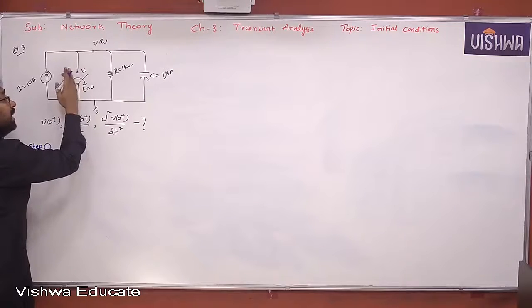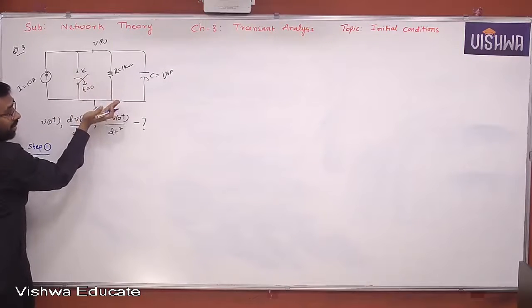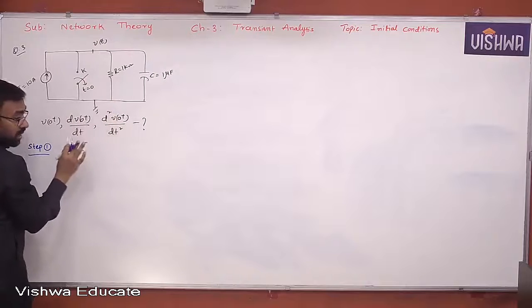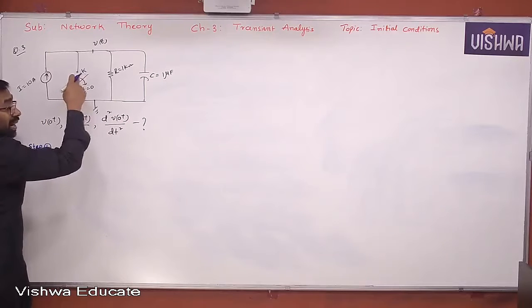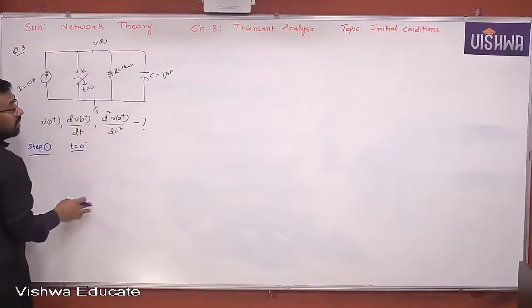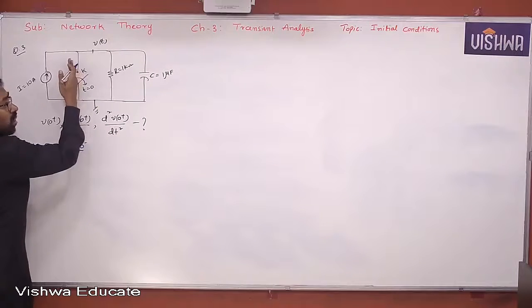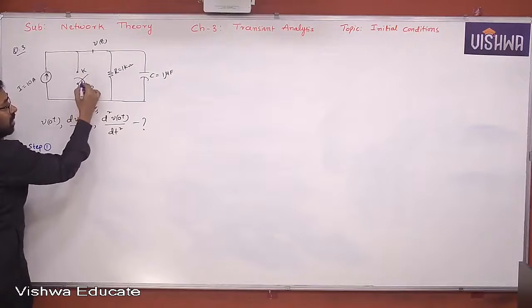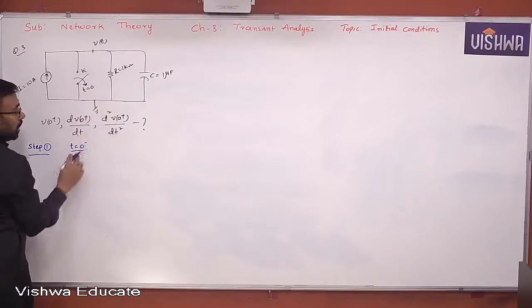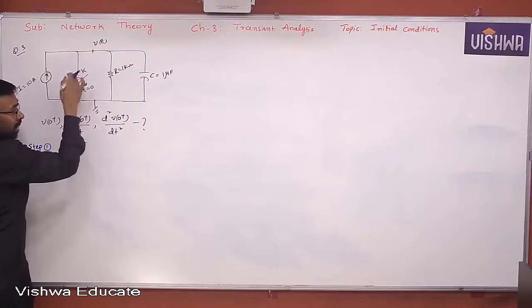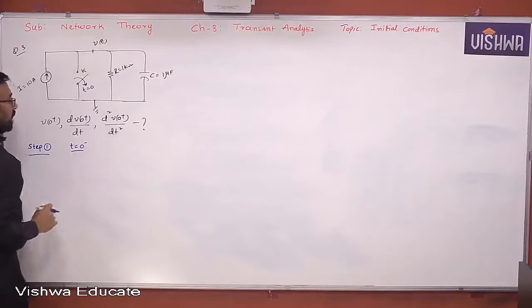Initially closed, at t equal to 0, it is open. Whenever these kinds of networks are given, your concentration must be on the switching operation, how it is actually operated. Initially, it is closed. Now you are opening the switch at t equal to 0. So at t equal to 0 minus, obviously in this particular problem, it is in closed condition. Yes or no, all of you?